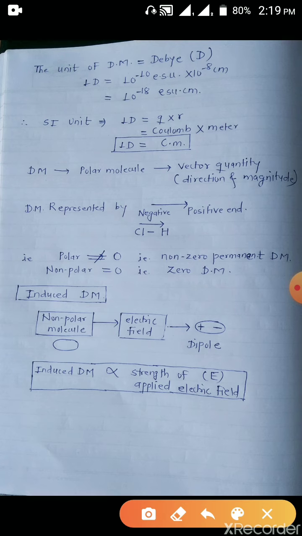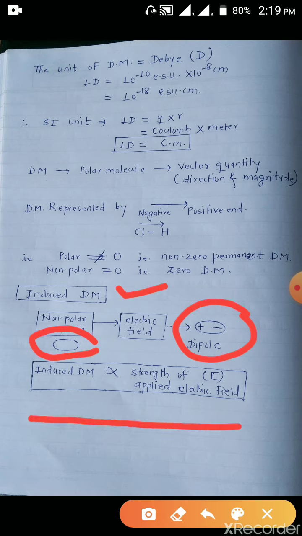Here you can see first the non-polar molecule shown without charge, and after passing through an electric field, the separation of charges plus and minus. Such a dipole moment which is developed after applying the electric field is called induced dipole moment. The induced dipole moment is directly proportional to the strength of the applied electric field.